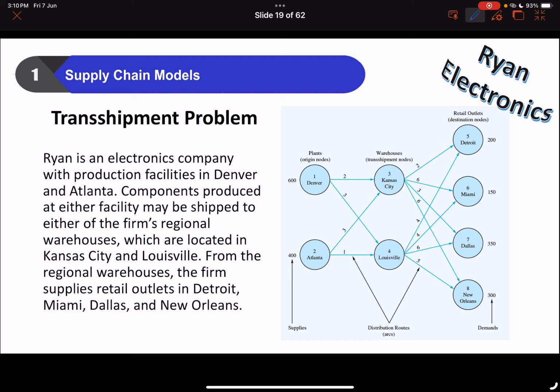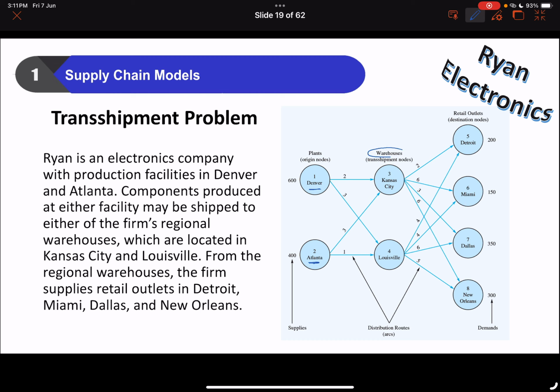Okay, Ryan Electronics. Ryan is an electronics company with production facilities in Denver and Atlanta. Components produced at either facility may be shipped to the firm's regional warehouses, which are located in Kansas City and Louisville.